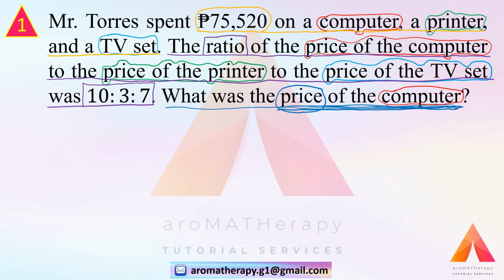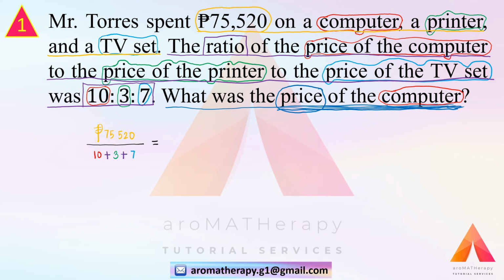To solve this problem, we need to divide 75,520 pesos by these numbers: 10, 3, and 7. So you write 10 plus 3 plus 7.